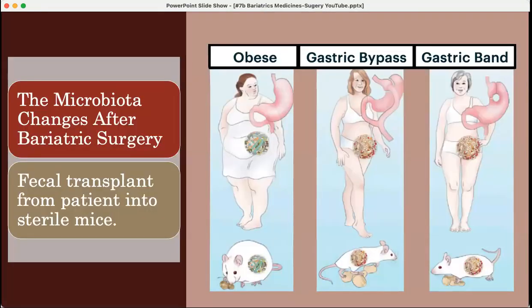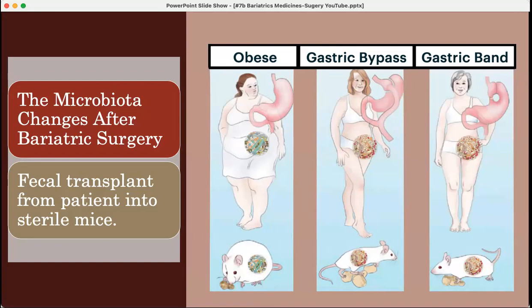The microbiota. So these are some studies looking at how the microbiota change. They take the fecal transplant. So you take feces from this first individual who's had no gastric bypass and is obese, and transplant into these sterile mice. And the mice develop obesity.